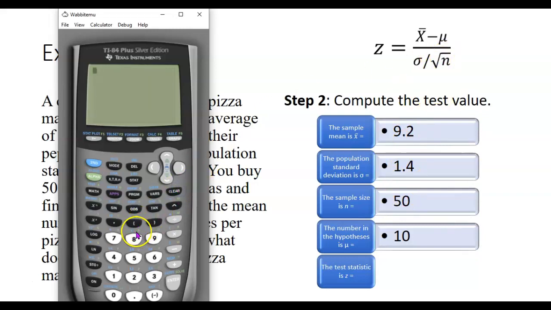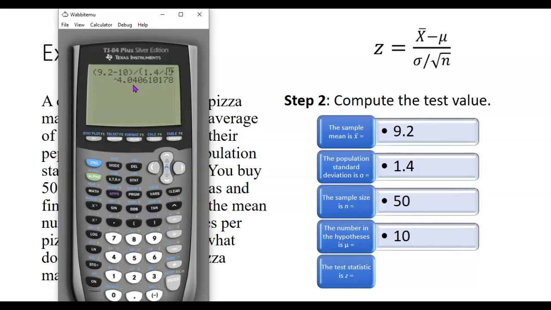So that would be parenthesis 9.2 minus 10, close parentheses, divided by parenthesis 1.4 divided by the square root of 50, close parentheses, and that comes up as negative 4.04.